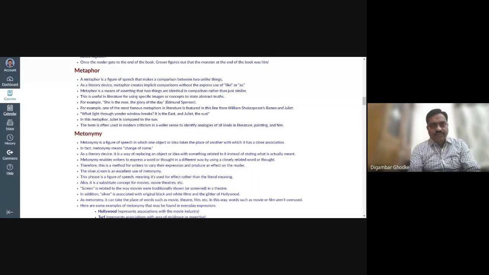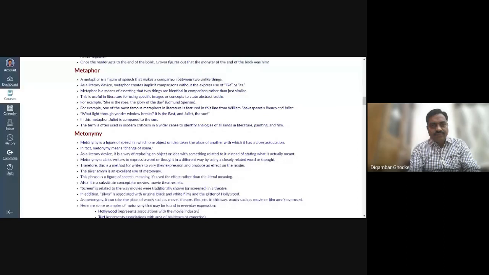So metaphor is a means of asserting that two things are identical in comparison. Means they have some common qualities, identical, just like twins. They are not just similar, but they are identical. There are certain common qualities which are the same.